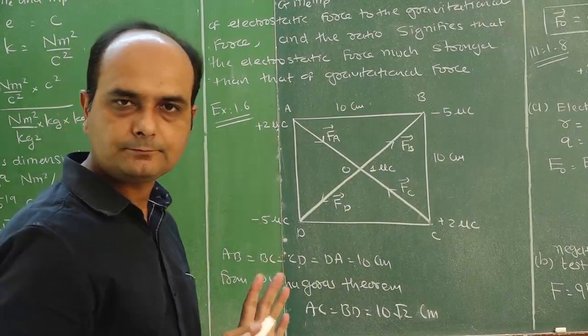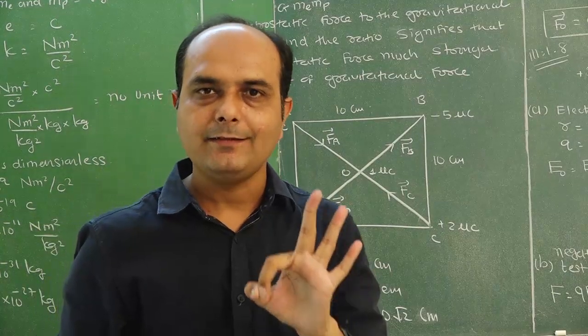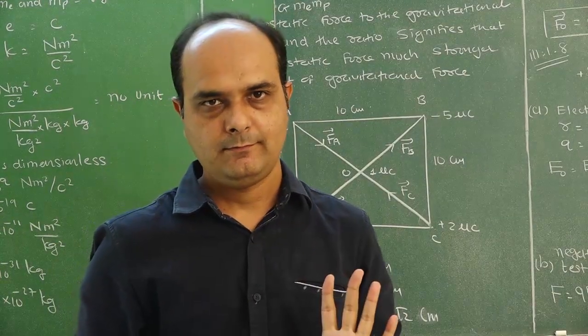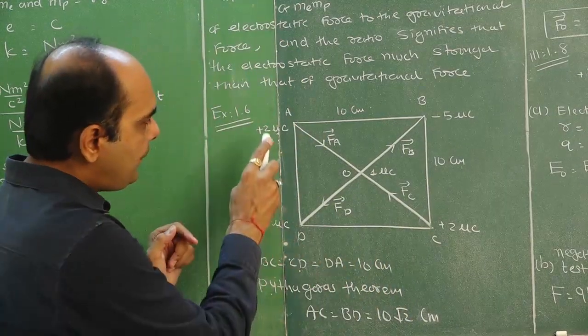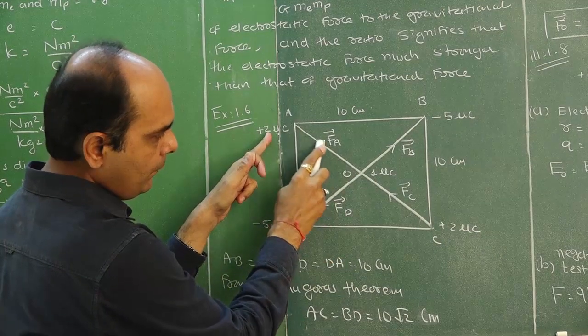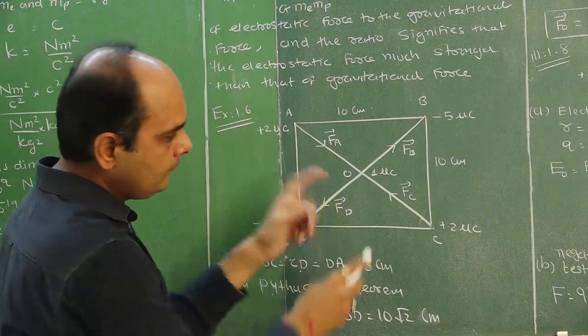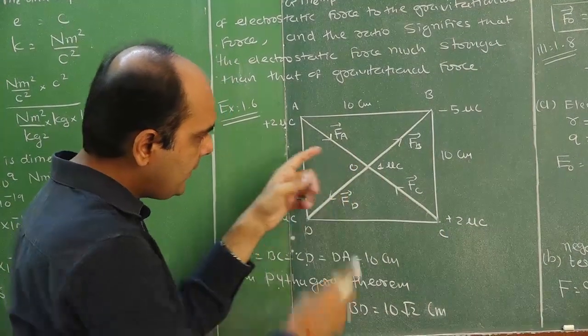Now student, calculate the force acting at the center of the square. The charge at A is plus and the center charge is also plus, so there is a repulsive force Fa. Plus charge, again plus charge, repulsive force Fc.